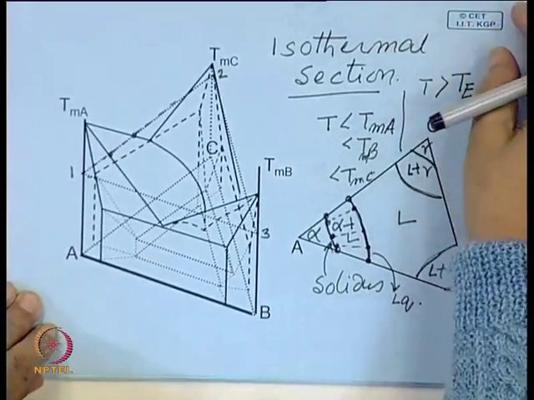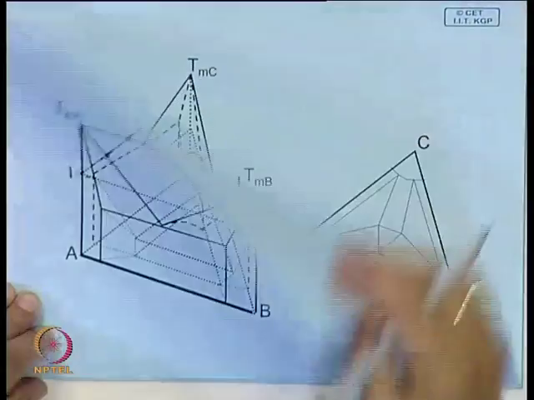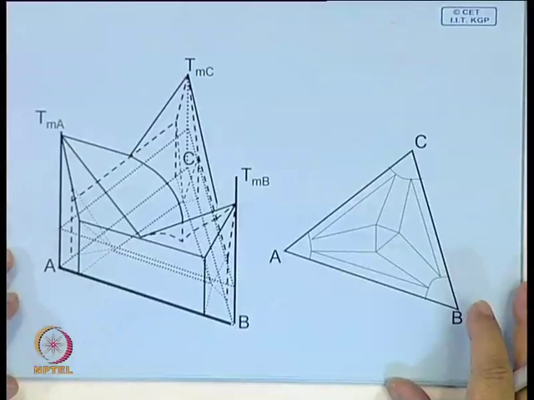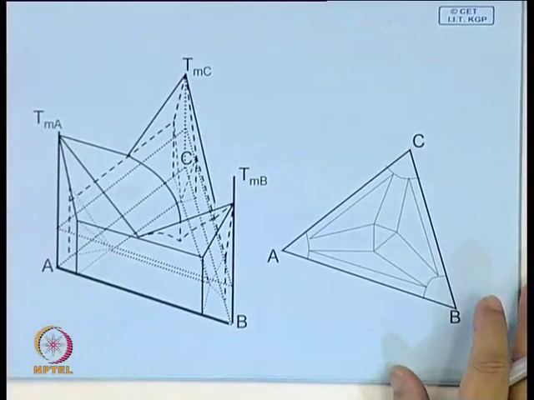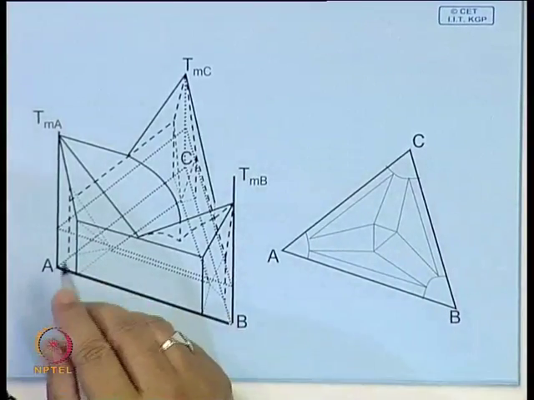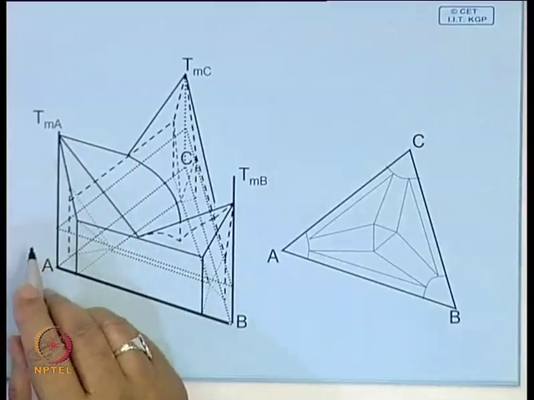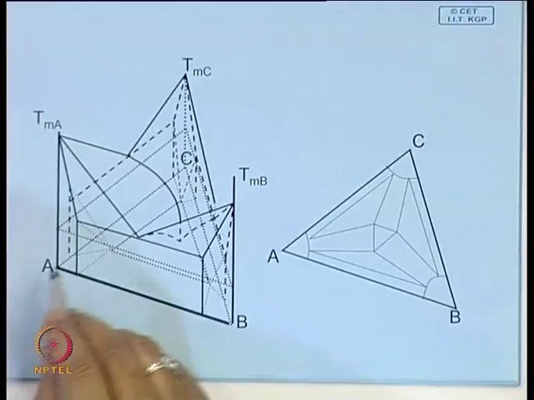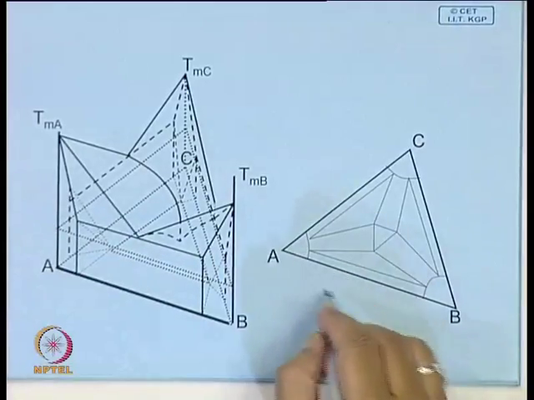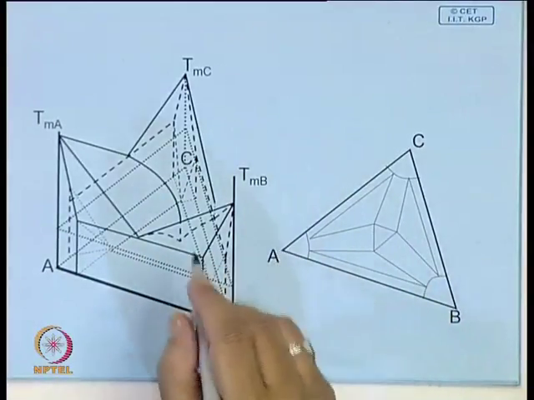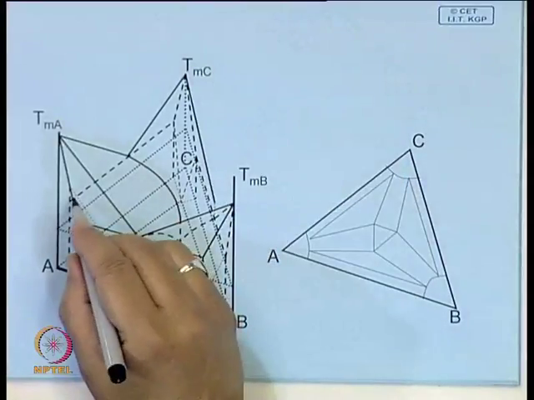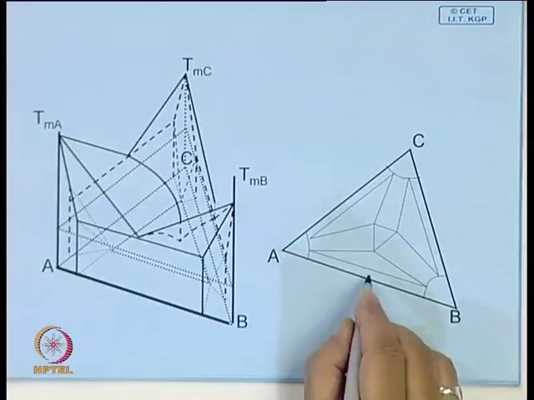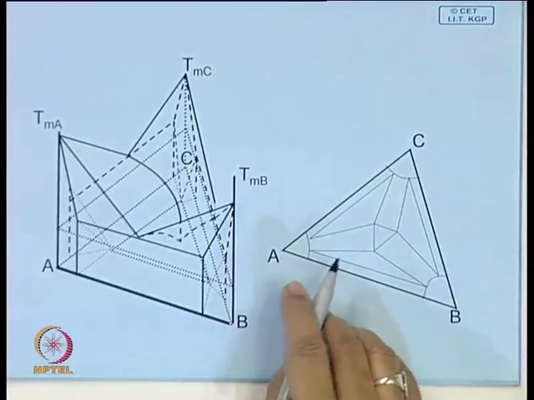Now, having done this, let us look at the isothermal section at a temperature which is lower than each of these three eutectic temperatures. There are three binary eutectic temperatures. So, we are taking a section at a temperature lower than the binary eutectics of each of these three systems, but higher than the ternary eutectic isotherm.